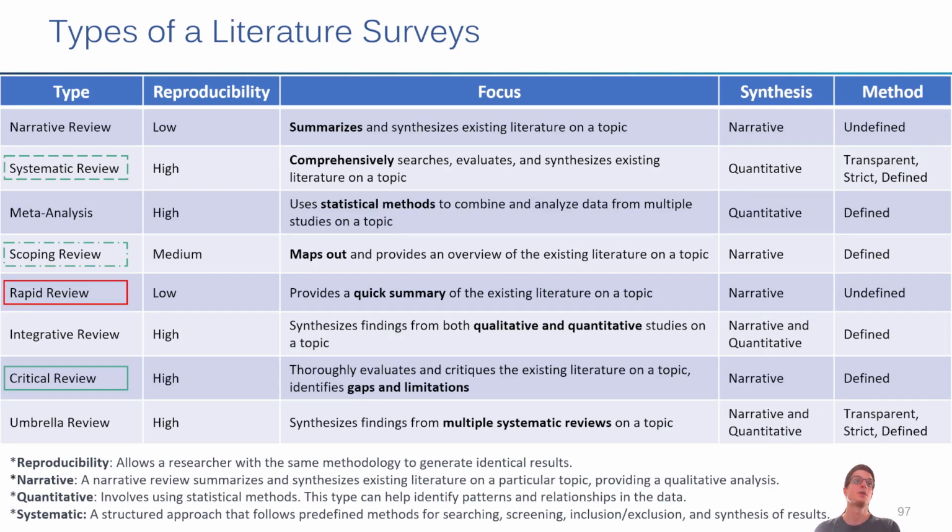Then we have the critical review, which is focusing on the gaps and limitations of a certain research field. And this is one that I like a lot and would recommend for your thesis as well, because it has some limitations. It doesn't cover a whole field, but its goal is to identify the gaps and limitations, and it's good at doing that. With these gaps and limitations found, other researchers can pick up on it, and you yourself can pick up on it.